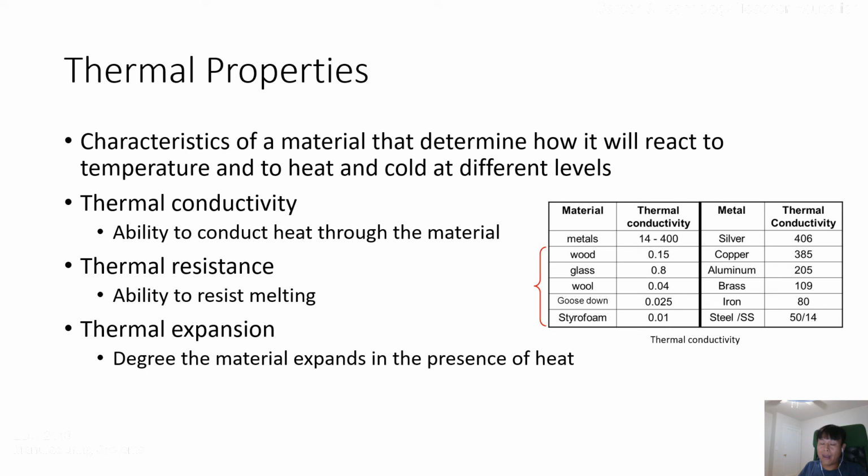And then the thermal properties also matter. Most metal products have certain thermal properties. Here are examples by material. Wood doesn't transfer heat because wood has very low thermal conductivity.